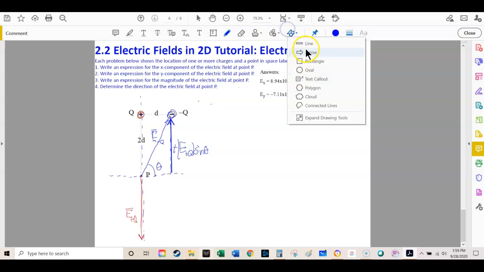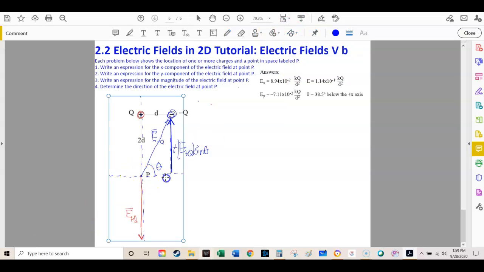In the x direction, the x direction vector is pointed to the right, in the positive x direction, and that would be the hypotenuse, E negative Q cosine of theta. All right.